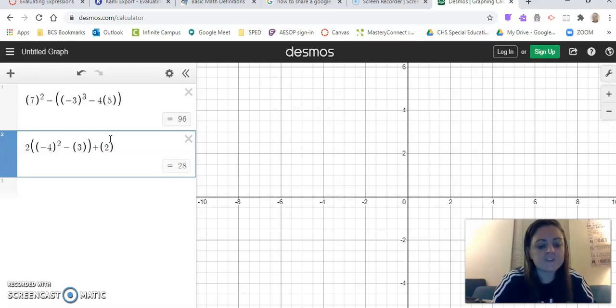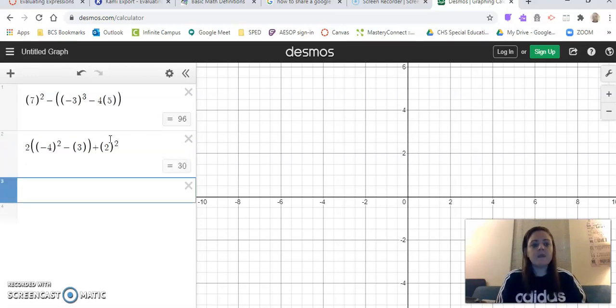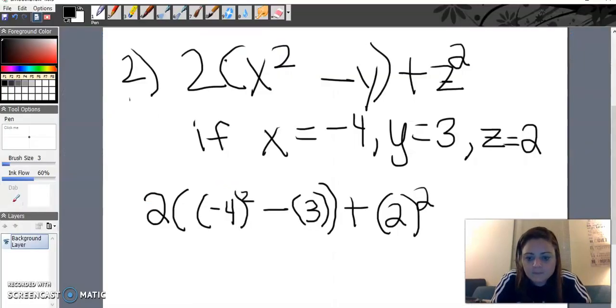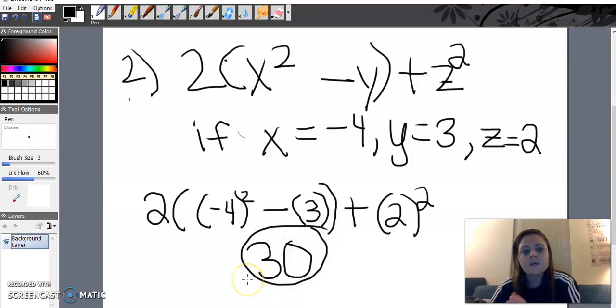And we want to caret, do shift 6 to the second power. So our answer is 30. So going back to the problem, our answer is 30. And I always circle my answers so that I know it's a final answer.